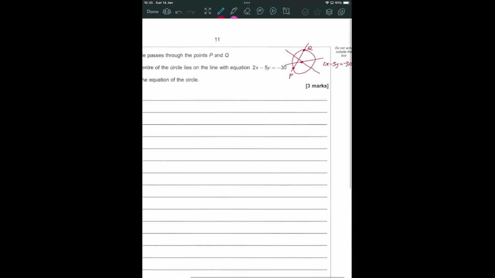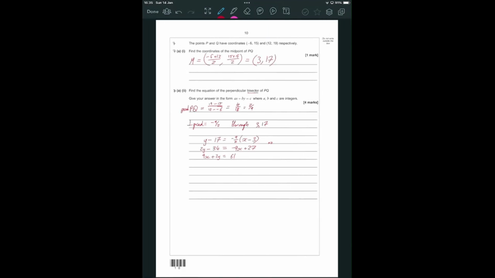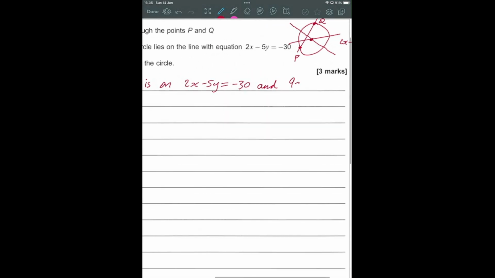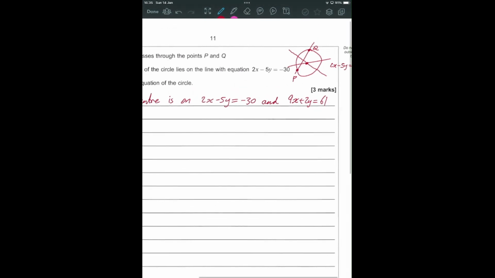So the center of this circle is on 2x minus 5y equals negative 30, and from the previous bit of working, 9x plus 2y equals 61. So we have a point which is on two lines at the same time. Well, that's simultaneous equations.